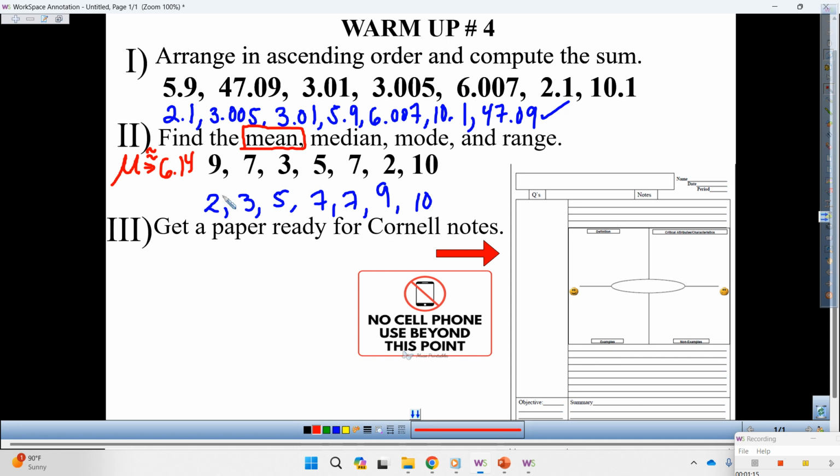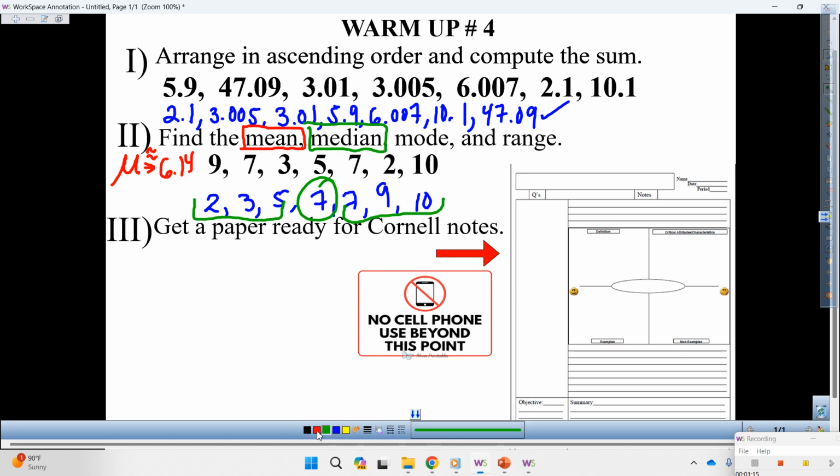Hands, you got 6.14? All right. Not bad, not bad. We're on our way. Median. Is it in ascending order? Yes. There are 3 data points on this side, and right smack in the middle is what? 7. Hands, have you got that?